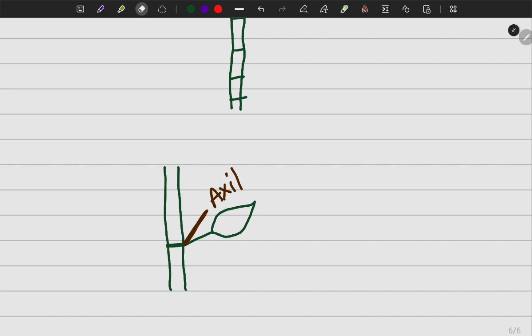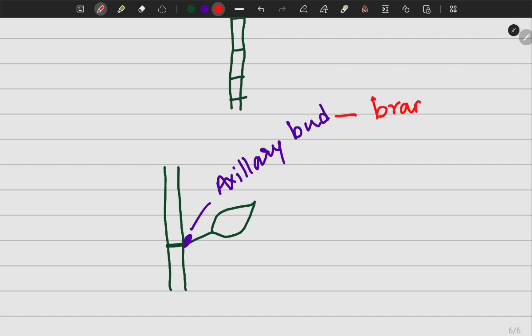A bud will be present on the axil, which will be called an axillary bud. This axillary bud can form a branch. It can also form a flower, or it can form more leaves.